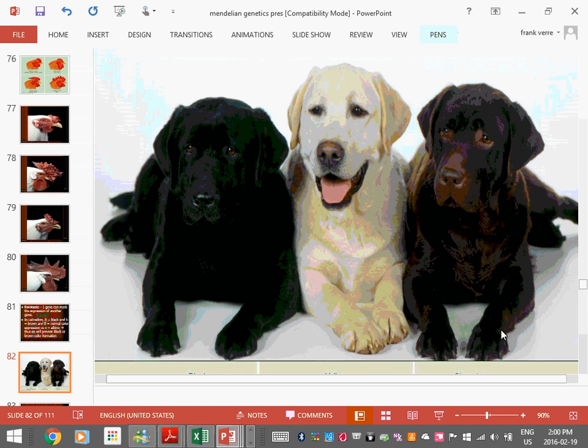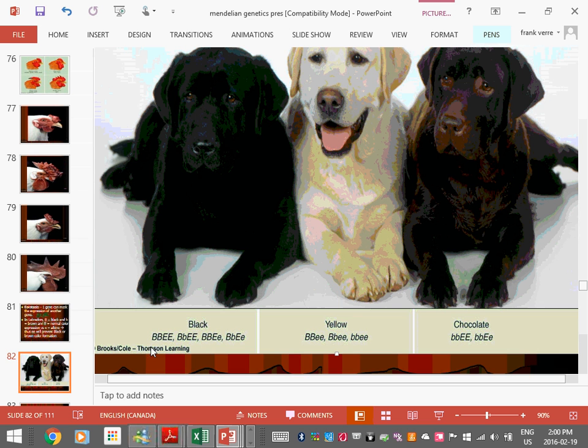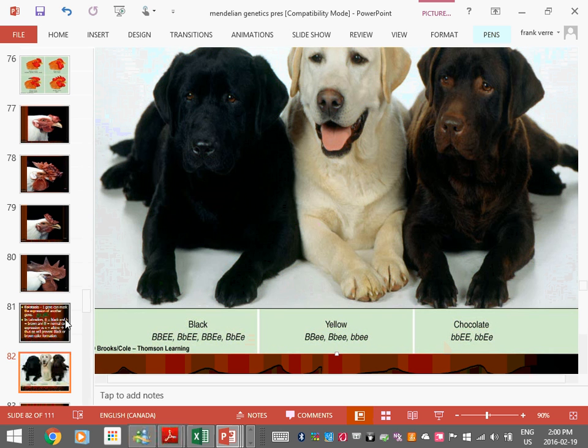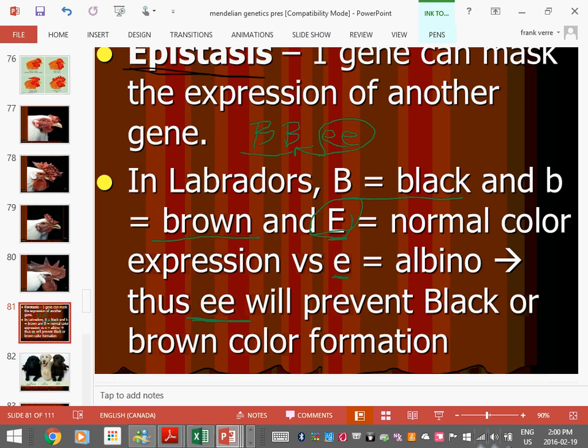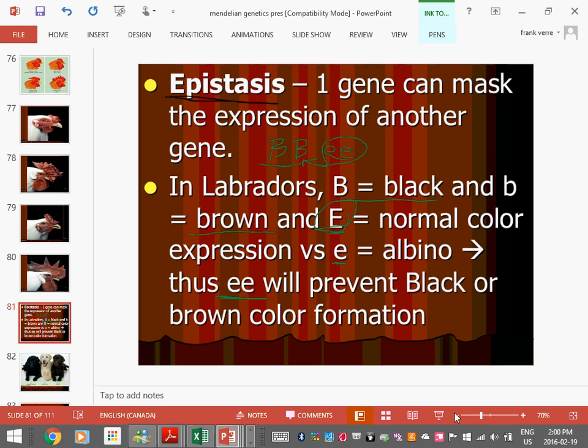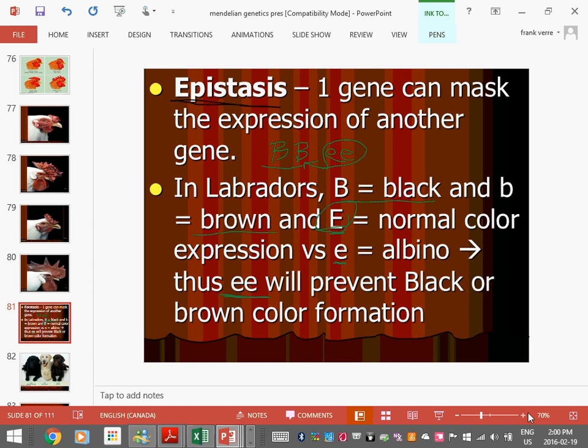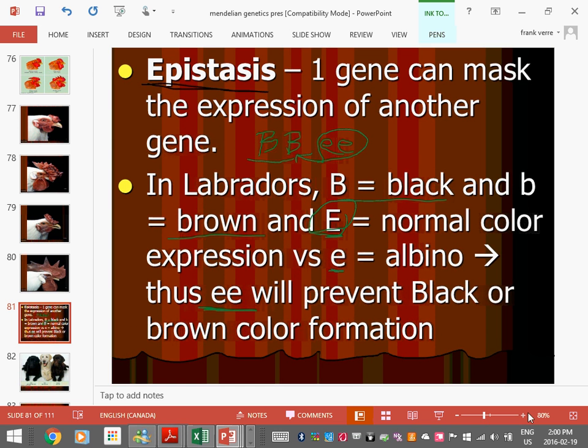If we scroll down a little bit, you can see the capital B for black, whereas brown is little b. But there's another gene called E, and that gene E determines whether or not you're even going to get black or brown.